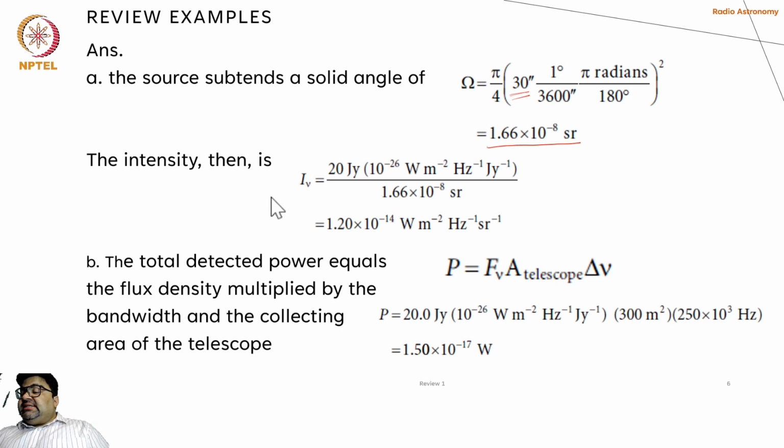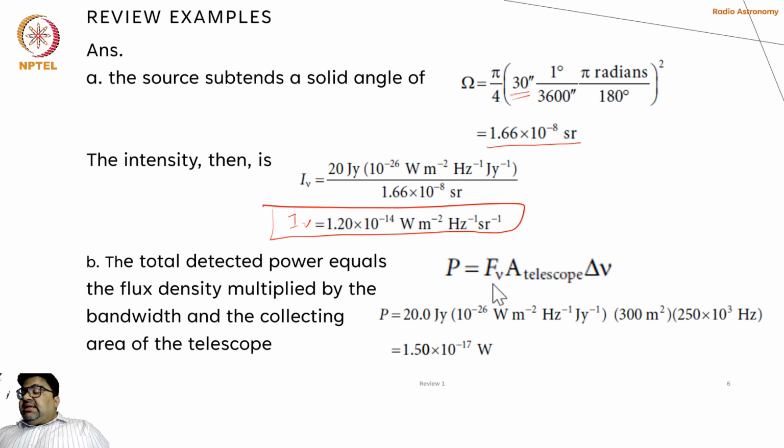So intensity is 20 Jansky, the flux over the solid angle. So finally intensity is given by this particular expression, 1.2 10 to the power minus 14 watts per meter square per hertz per steradian.